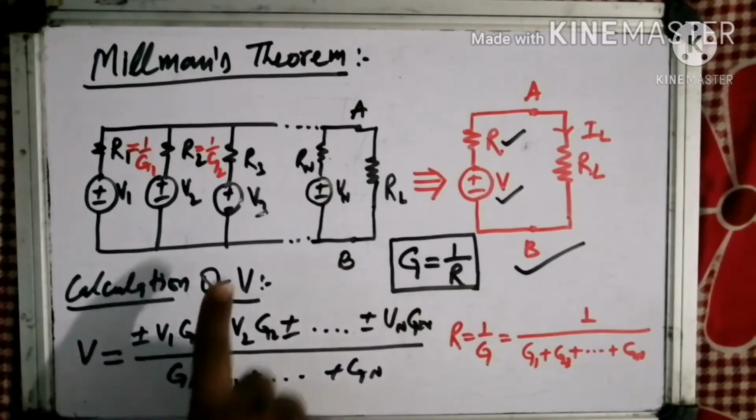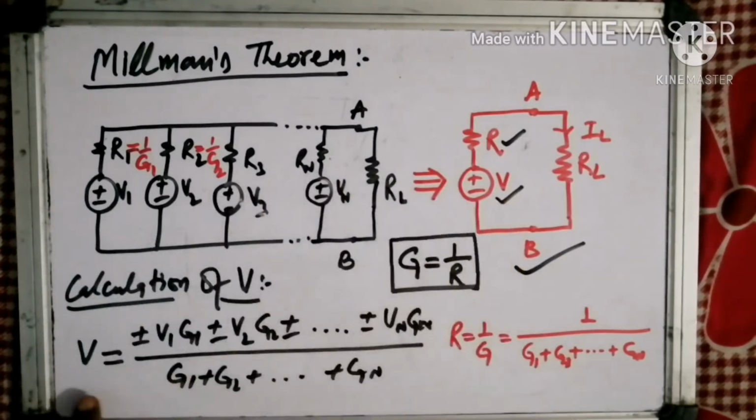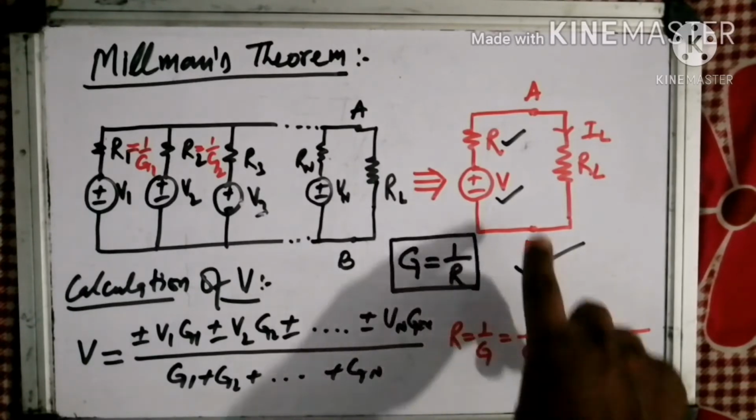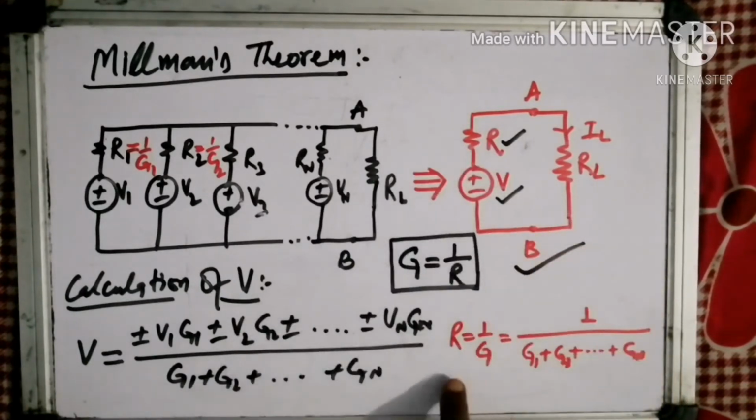Right? What is the formula for the calculation of B? B equal to plus minus B1 G1 plus minus B2 G2 plus minus B3 G3 dot dot dot plus minus Bn Gn divided by G1 plus G2 plus G3 up to Gn. And for the calculation of R, R is equal to 1 upon capital G, that is 1 upon G1 plus G2 plus G3 up to Gn. Right?